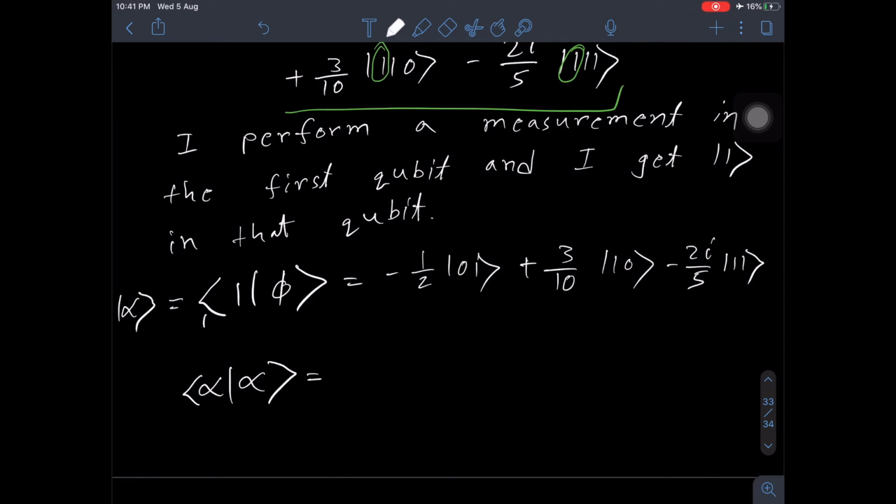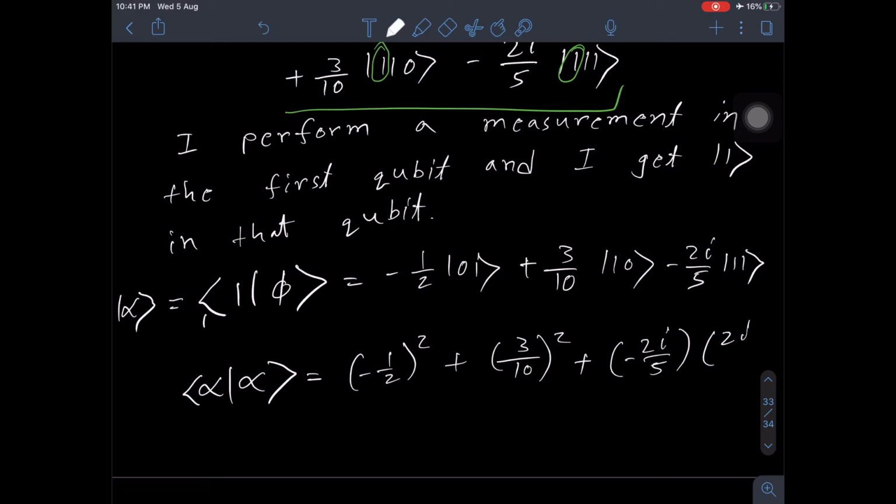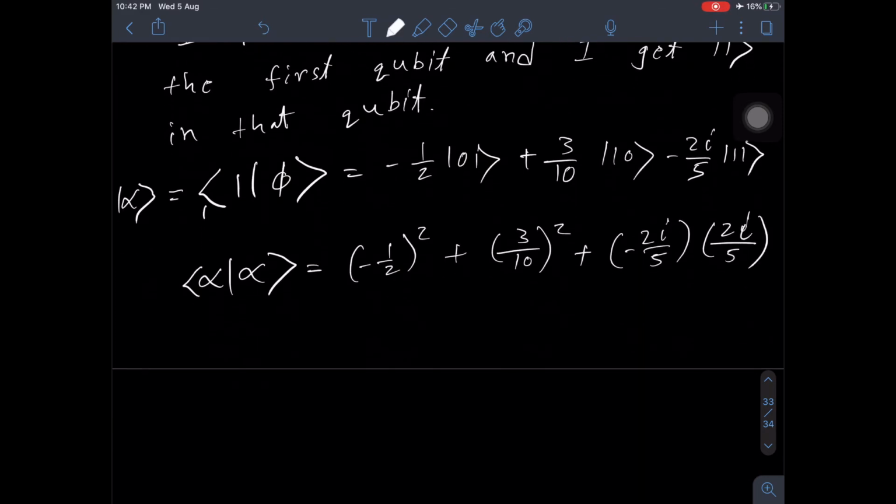These are orthonormal bases, so the norm squared would be minus half squared plus 3 by 10 squared plus minus 2i by 5 times 2i by 5, right? And if you sum them up, what you'll get is nothing but half. So this is not normalized, because by normalized I mean that its norm is 1.